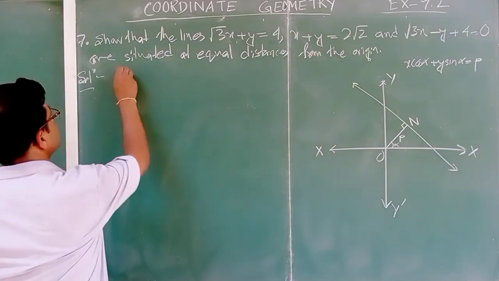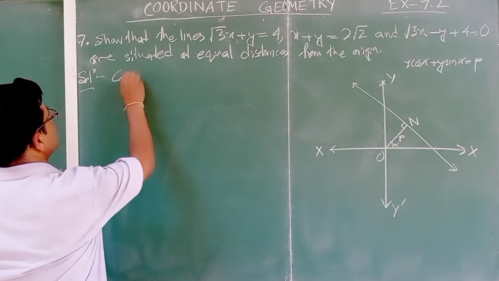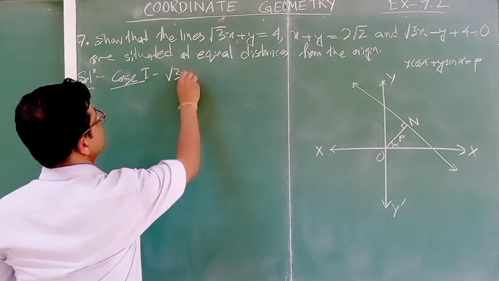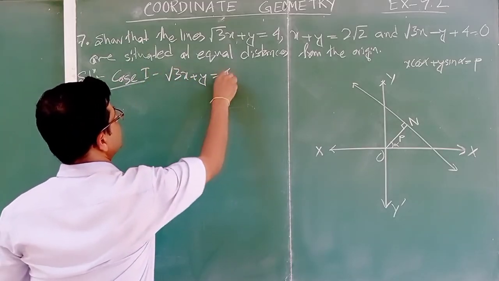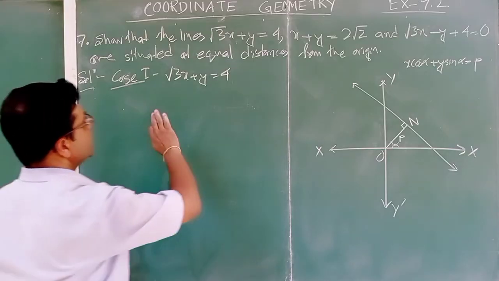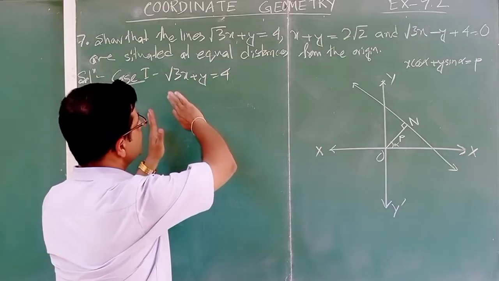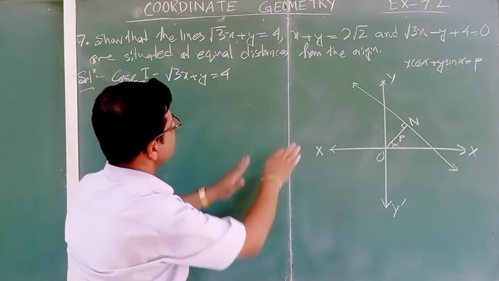Case 1. The equation is √3x plus y plus 4 equals 0. So what is the procedure? We take the constant term to the right hand side.